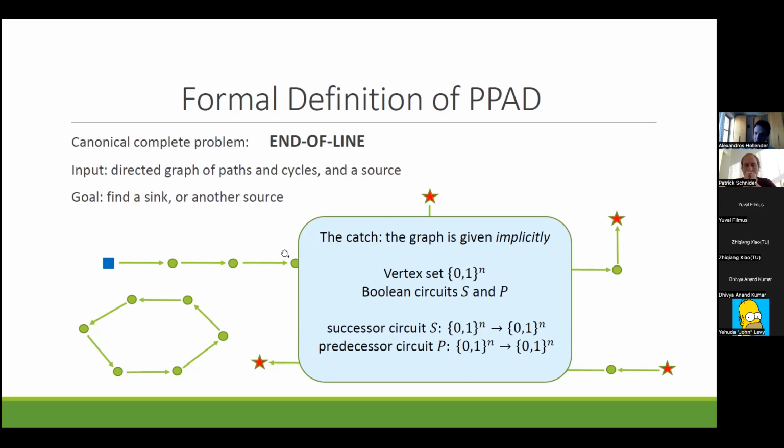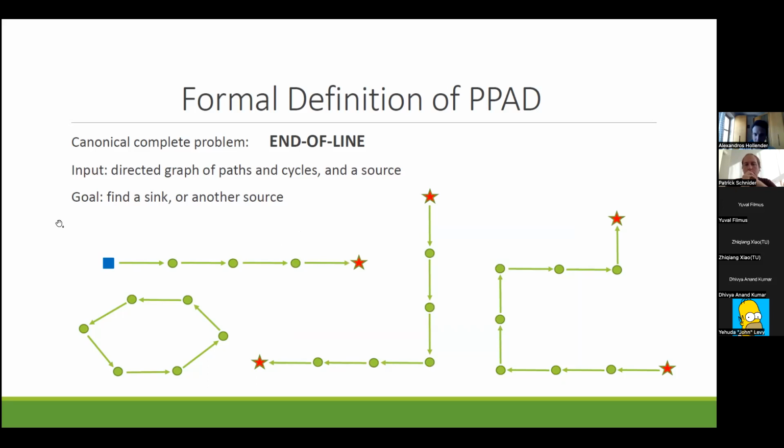In other words, these Boolean circuits allow you to efficiently take small steps in the graph. So you can explore the graph one step at a time, where each step is polynomial time, but the size of the graph is exponential. So if you wanted to just explore the whole graph, that would take exponential time. And this is why the trivial algorithm of just starting at the blue node and following the line, in the worst case, will take exponential time.